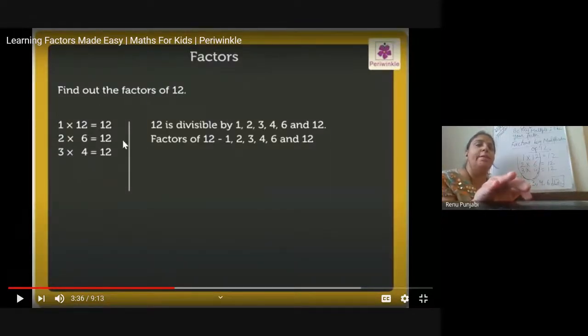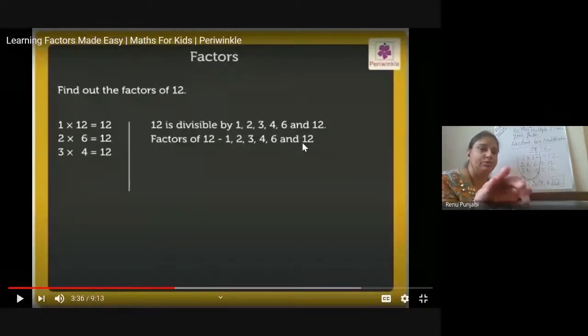That method you apply in the notebook and get the final factors. Not this line also you will write: Factors of 12, that also you will not write. You only write that these are the factors of this number, but before the last number you have to write 'and' also.